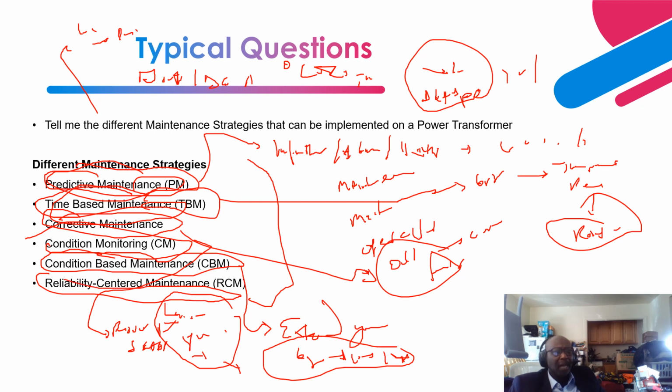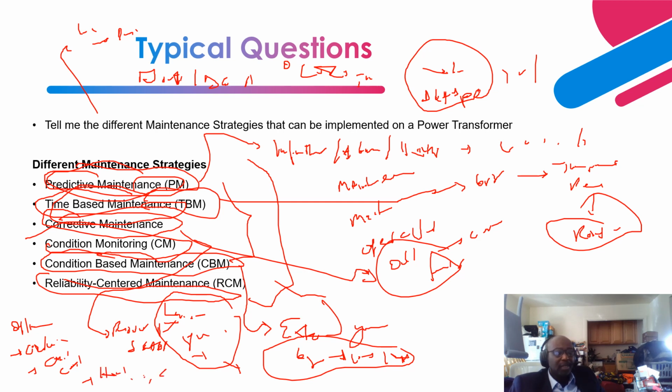Okay, so reliability-centered maintenance is all these maintenance strategies that is optimized, right? Based on criticality of the transformer, where it is located, and the customers it is feeding. If it is feeding critical customers, and also based on its health and safety, right?